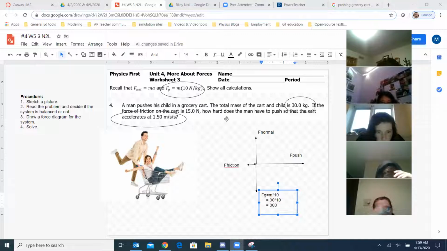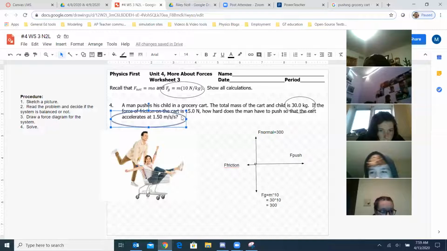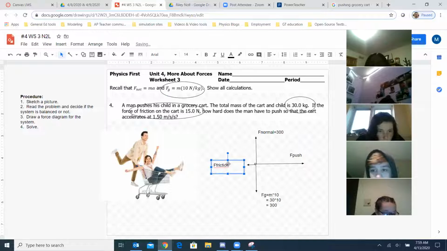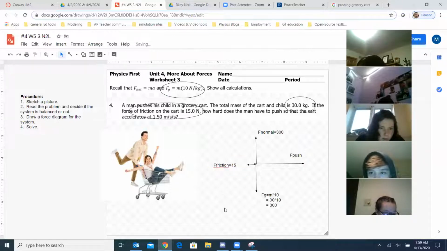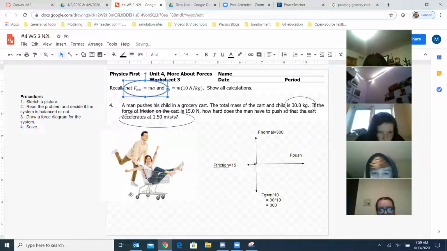Okay. All right, so since it's balanced, I know the normal force has also got to be 300 newtons. Okay. It says that the force of friction is 15 newtons. So this little tiny arrow over here is going to be equal to 15 newtons. Okay, and then it says it accelerates at 1.5 meters per second squared. Remember, we have the equation F net equals ma.